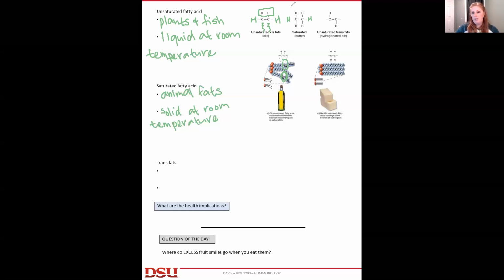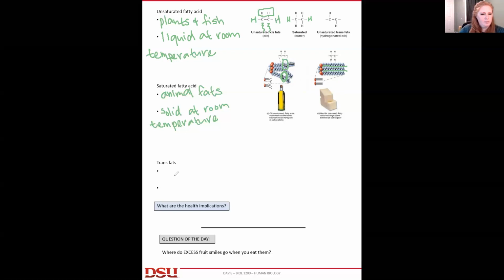So there aren't any carbons that don't have a hydrogen. Because they're saturated, their tails are in straight lines, which means they stack really well. And that's why these are solid at room temperature. Your unsaturated fats are better for you than saturated fats.